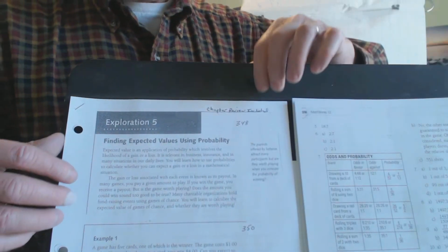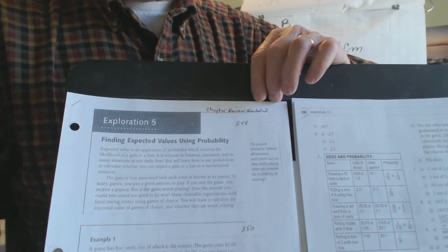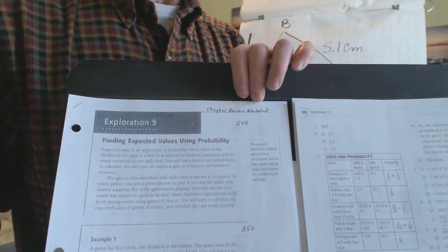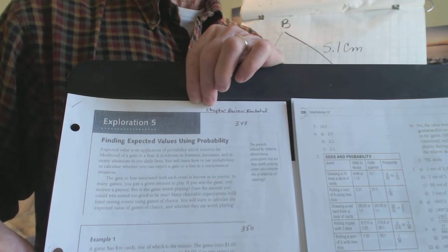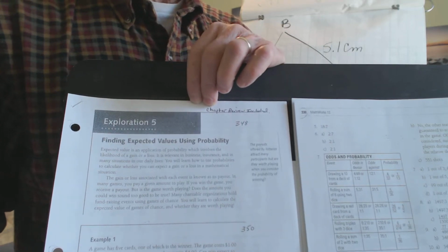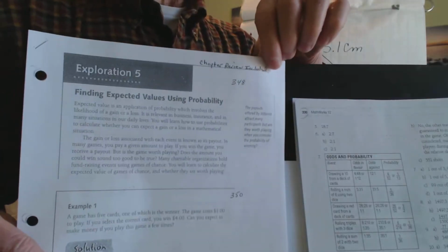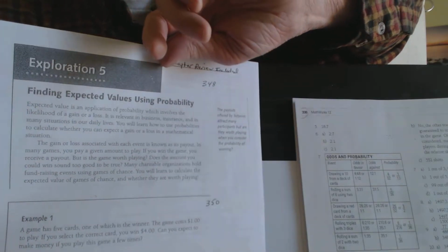And then we finished off on Wednesday with Exploration 5, expected value. There are not any expected value questions on the review that I have today, but there are some expected value questions in this package, so I wouldn't worry too much about it because it's quite recent.